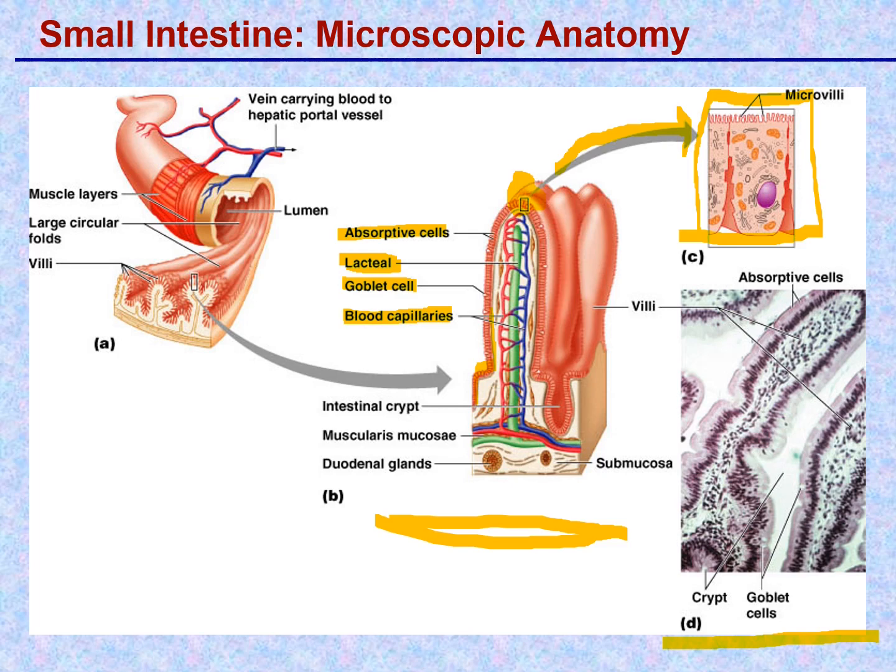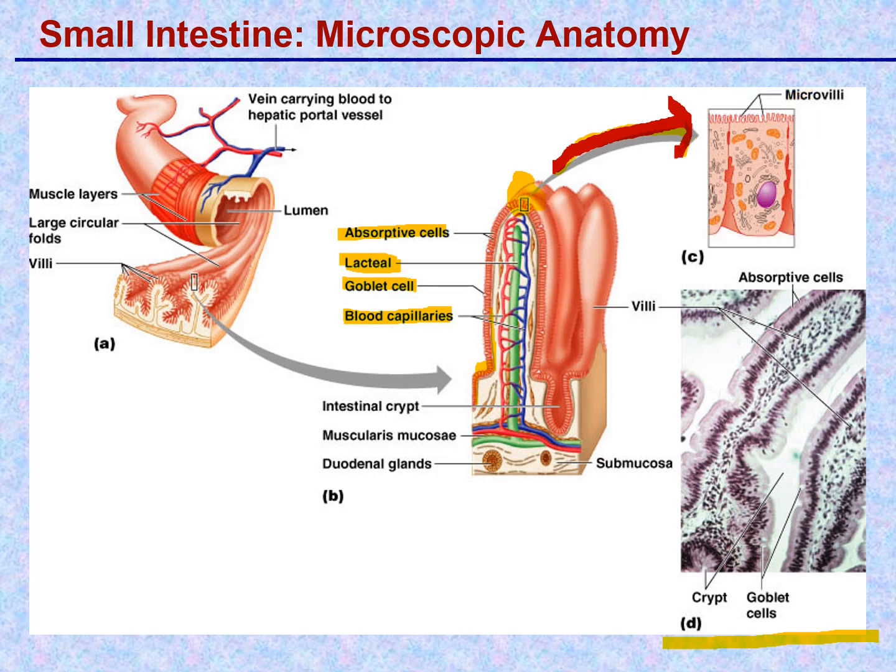These so-called absorptive cells are in fact the simple columnar epithelial cells that allow absorption, and they are highlighted further in this magnified diagram, which shows the cells, the simple columnar epithelium, and the fact that they have at their very top surface very tiny microvilli.